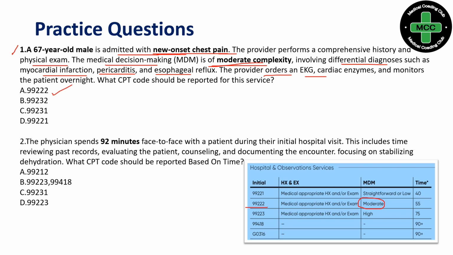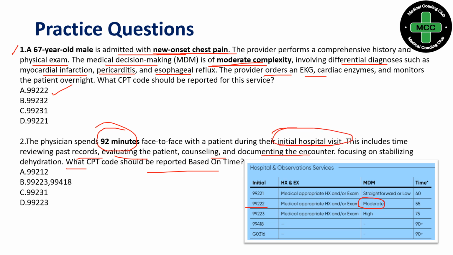Next question: a physician spends 92 minutes face to face with the patient during their initial hospital visit, which includes time reviewing records, evaluating the patient, counseling, and documenting the encounter, focusing on stabilizing hydration. Code based on time. Here this provider has spent 92 minutes with the patient. Again, this is an initial hospital visit.